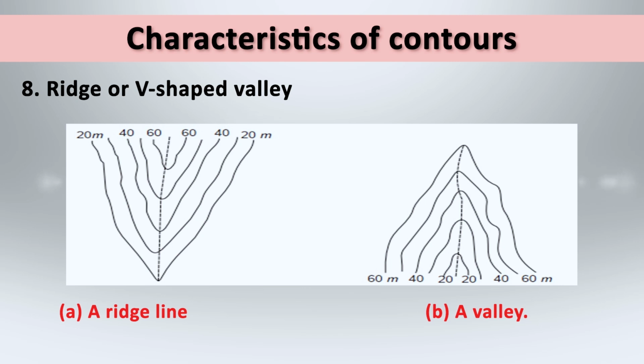The eighth characteristic is that when contours cross a ridge or V-shaped valley, they form a sharp V shape across them. Contours represent a ridge line if the concavity of the higher value contour lies towards the next lower value contour, and on the other hand these represent a valley if the concavity of the lower value contour lies towards the higher value contour.